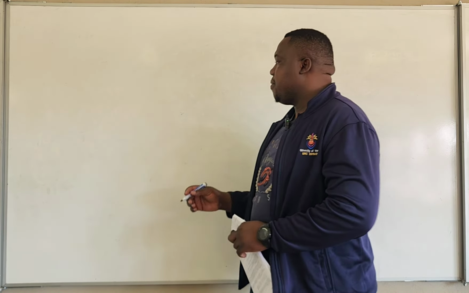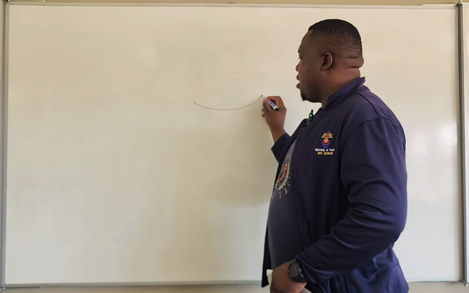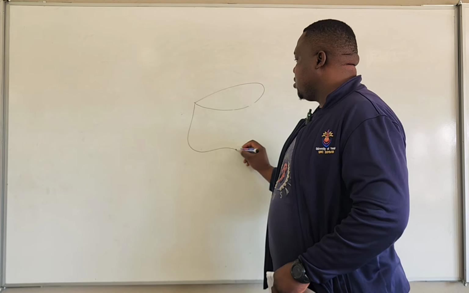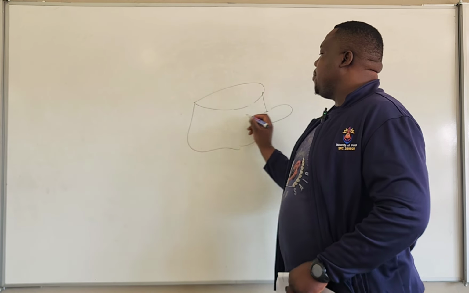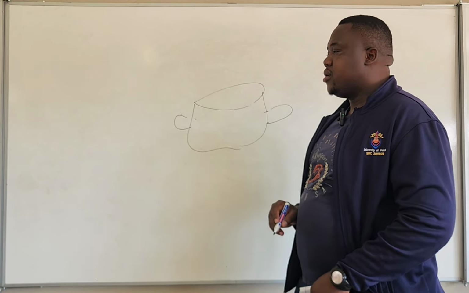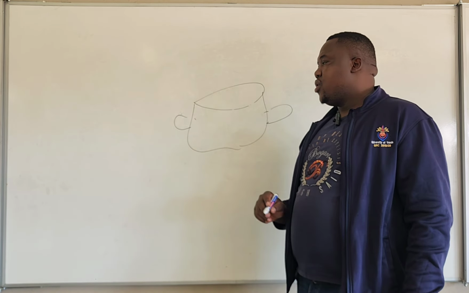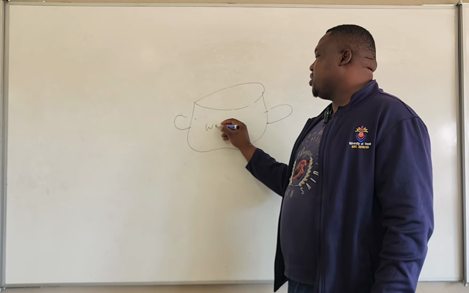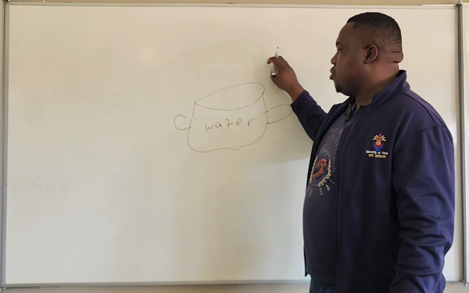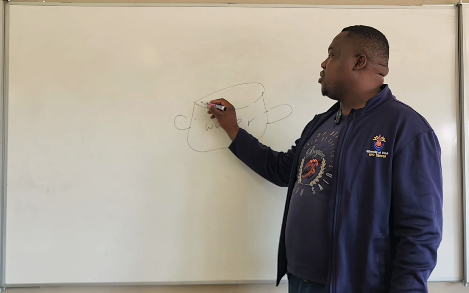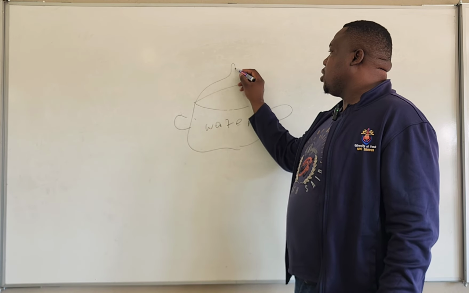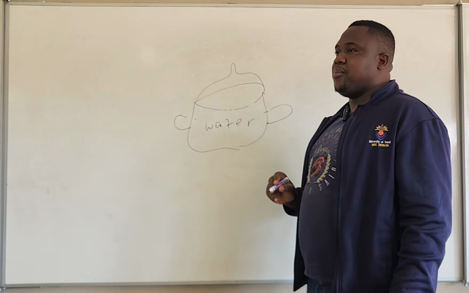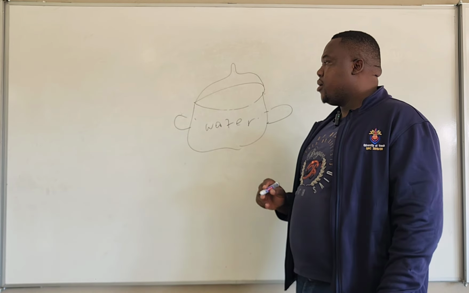Ladies and gentlemen, let's take, we have a pot. You see, we have a pot with handles. Then we put water inside the pot. Then we close the pot. You see, the pot now is closed.